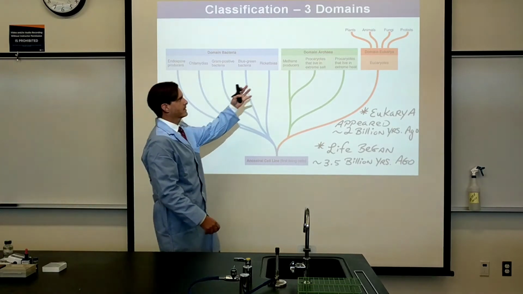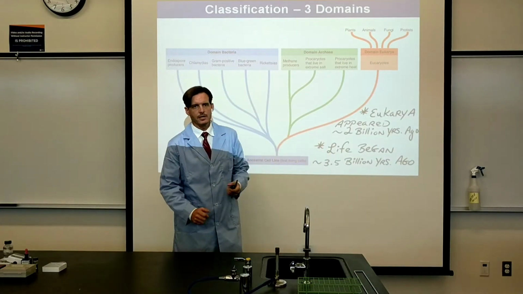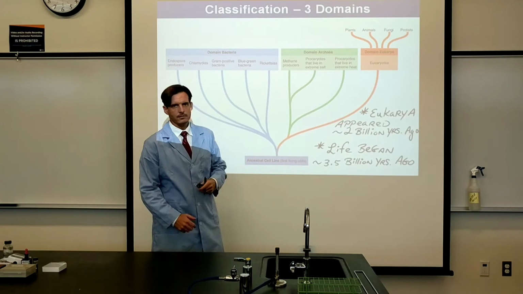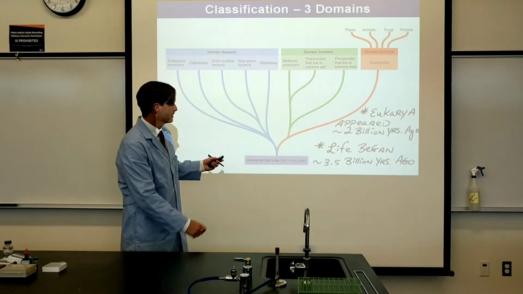And so we have this timeline of history of life on Earth, and it's according to Woese's domain system.